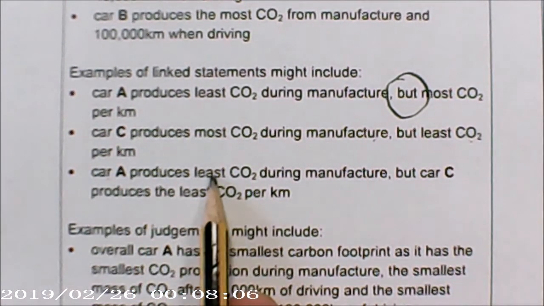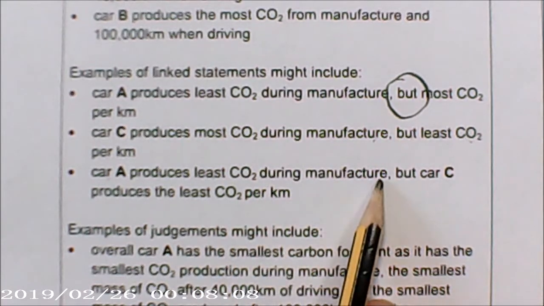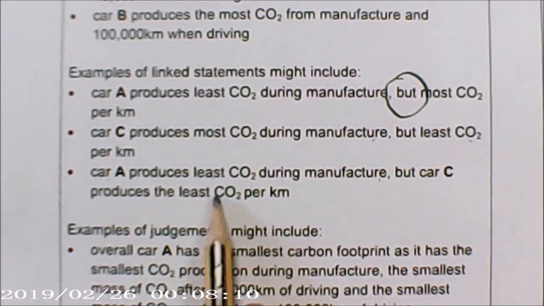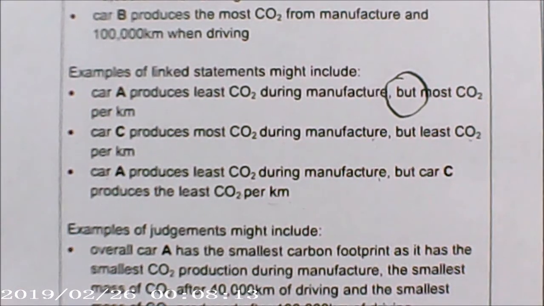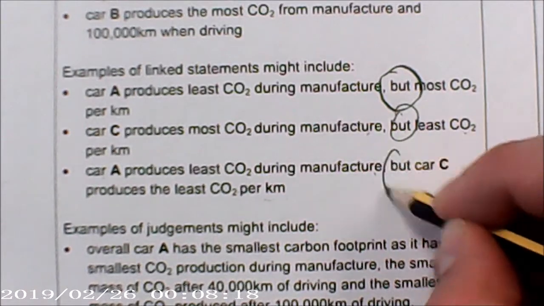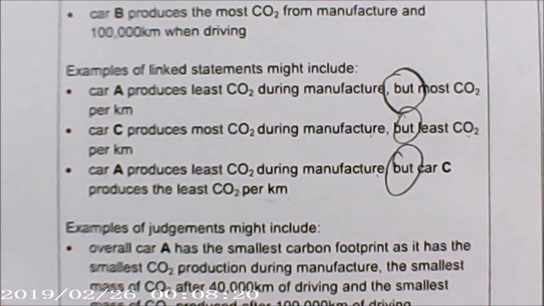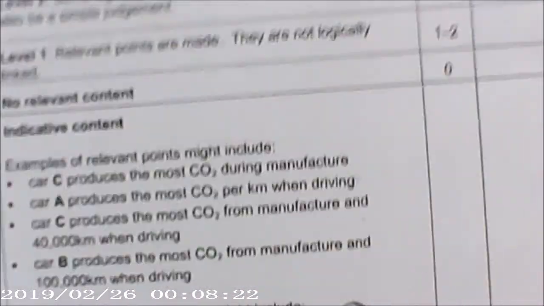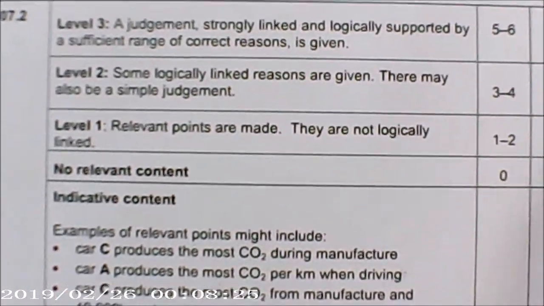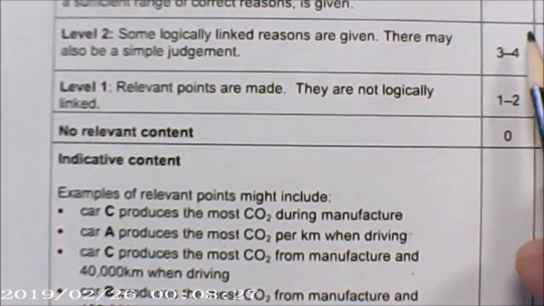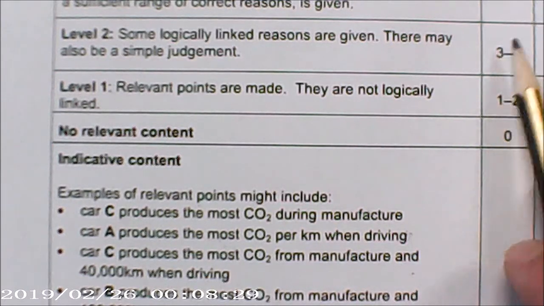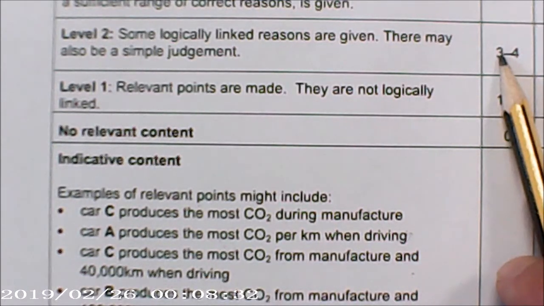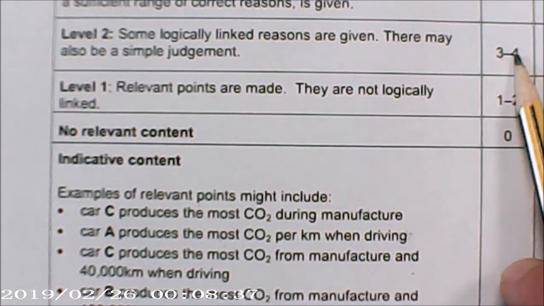Car A produces least carbon dioxide during manufacture, but car C produces the least carbon dioxide per kilometre. So you're comparing the different cars. Those are examples of some linked statements. So if you have put 2 linked statements in there, then you're going to be in level 2. I'd say if you've got 1 linked statement, then that's going to be worth 3 marks. And if you've got 2 or more, then that's going to be worth 4.